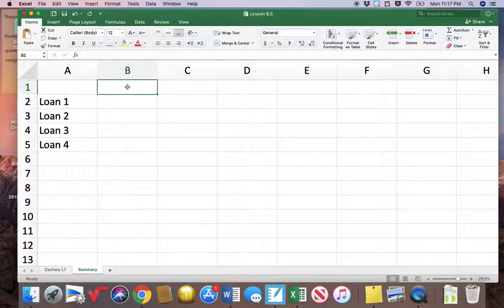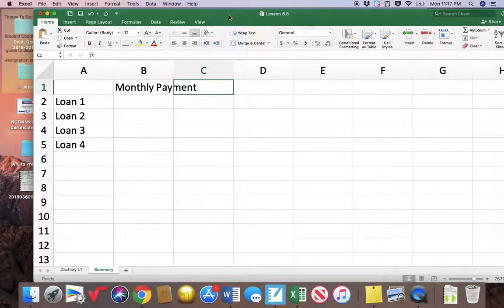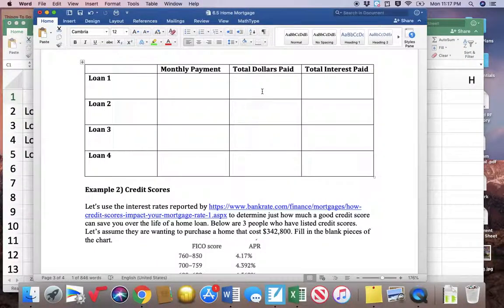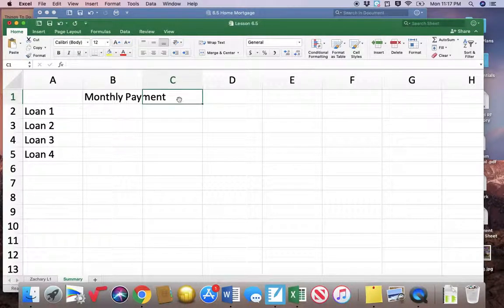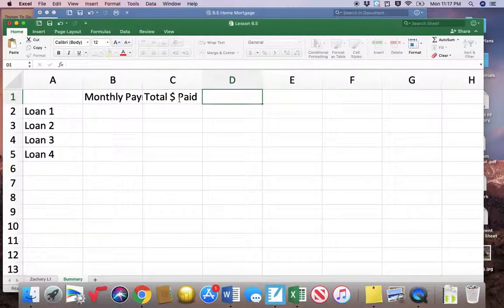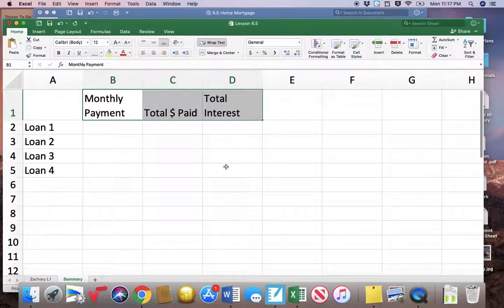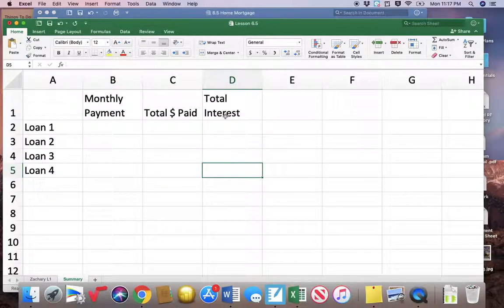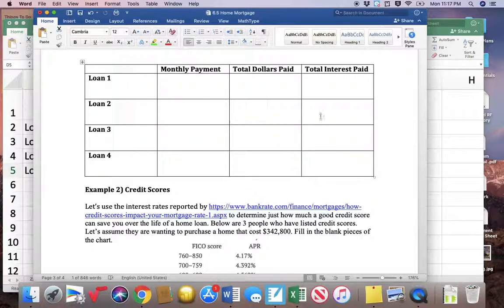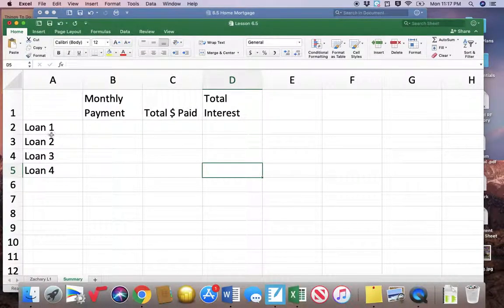Then I have the monthly payment, total dollars paid, and total interest. Let's go ahead and wrap the text here. And yeah, that should be good.